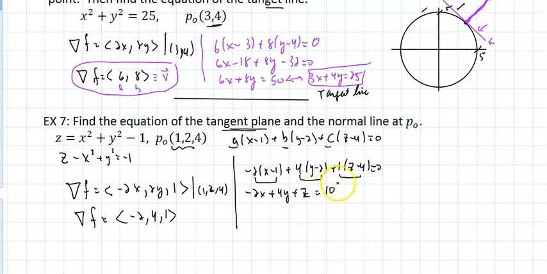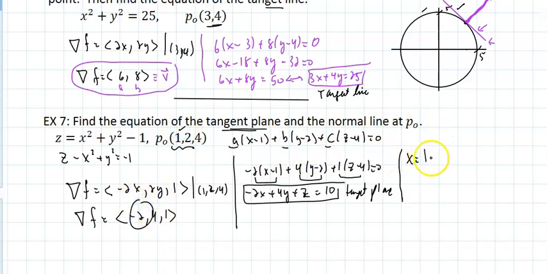Set that equal to the right, and there's my tangent plane. And if I want a normal line, x equals 1 plus -2t, y equals 2 plus 4t, and z equals 4 plus t. That would be the equation of a normal line.